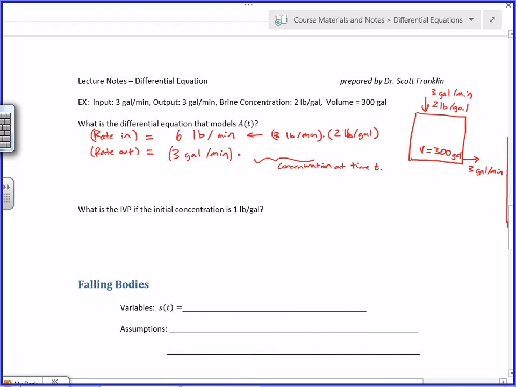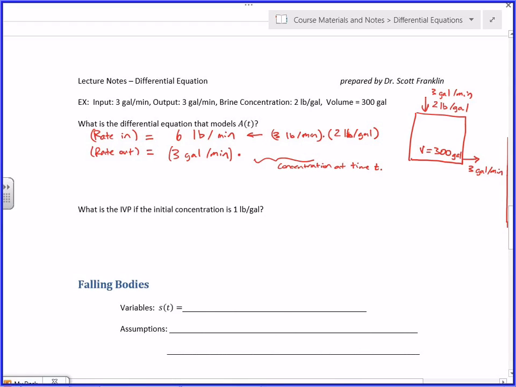Now, we may start with a completely pure water tank that has no salt in it, right? So if the water's coming in at 2 pounds per gallon, we won't have that concentration instantly at the beginning. Or it's a lot simpler than that.